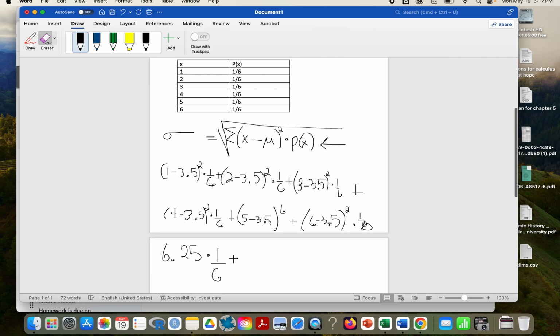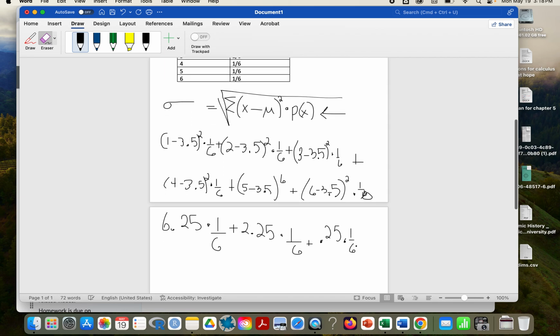And now we have negative 1.5 squared, which will be 2.25, and then times 1/6. And then finally 0.5, and 0.5 squared is 0.25, so we have 0.25 times 1/6.